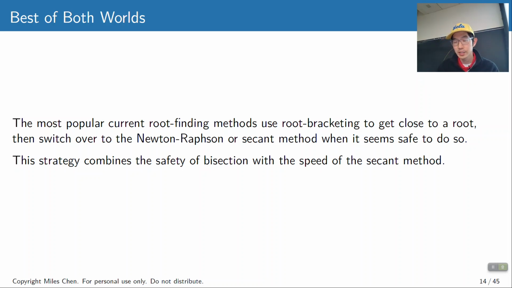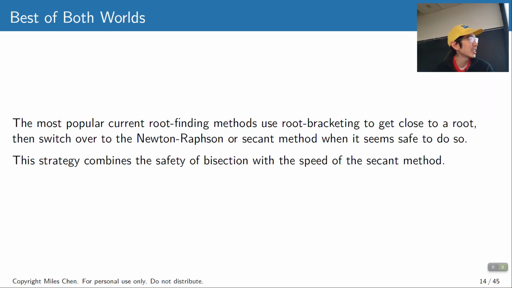and so there is this best of both worlds approach, which is we start off with this root bracketing bisection method, which is safe, and then we keep running until we get close enough. All right.